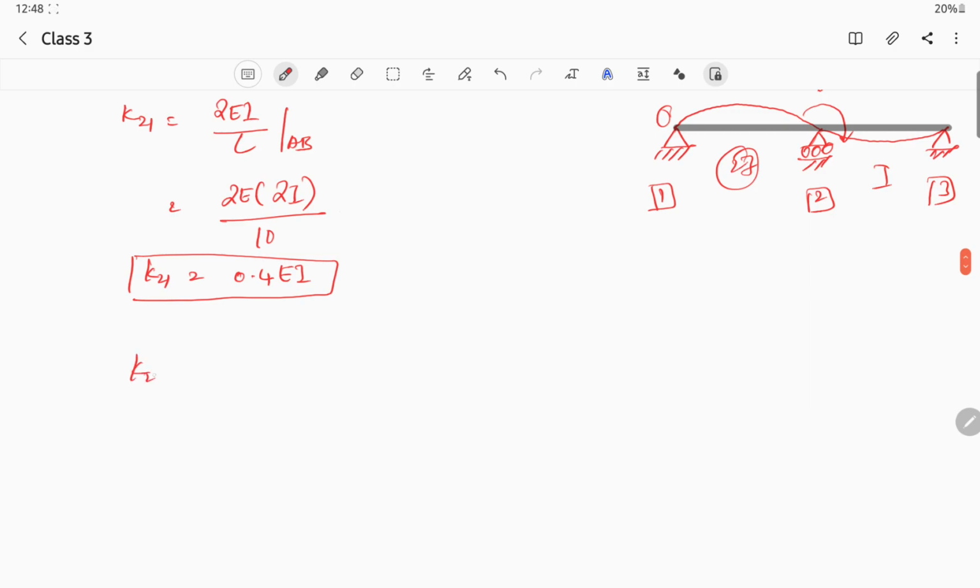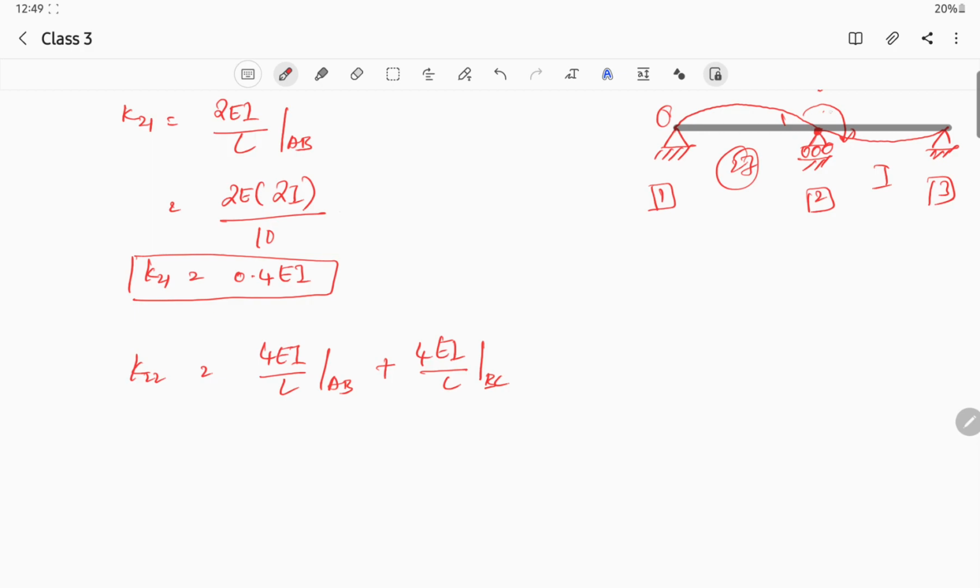What about K22? We are applying rotation at this location. So what is happening? My entire slope is getting rotated on both sides, isn't it? So I'll write here 4EI by L for span AB, plus again 4EI by L for span BC.